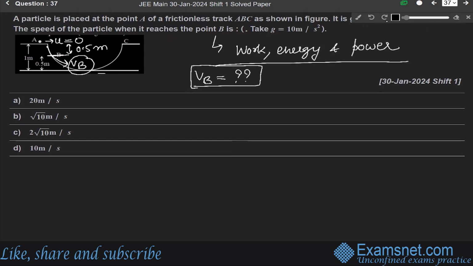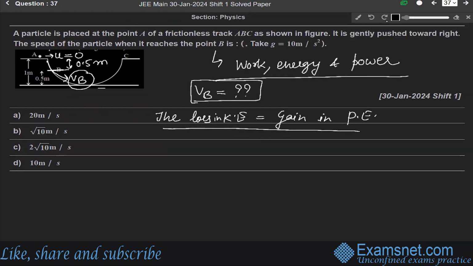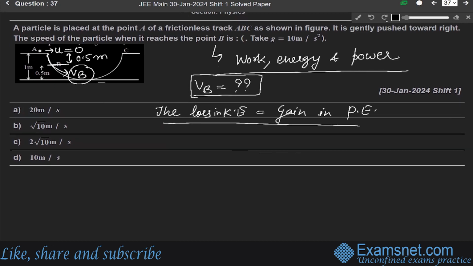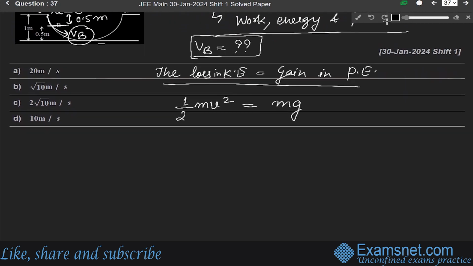We all know that the loss in kinetic energy is equal to the gain in potential energy. When the particle moves from point A to point B, it loses its kinetic energy and there is a gain in potential energy. So half mv square, the loss in kinetic energy, will be equal to the gain in potential energy, mgh.